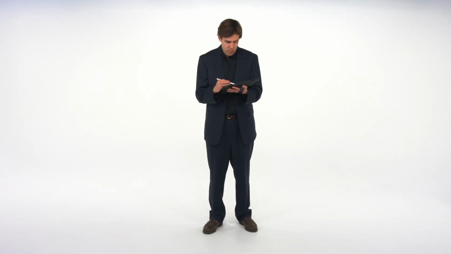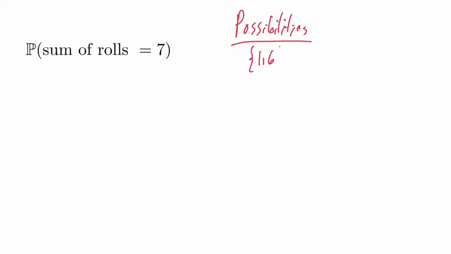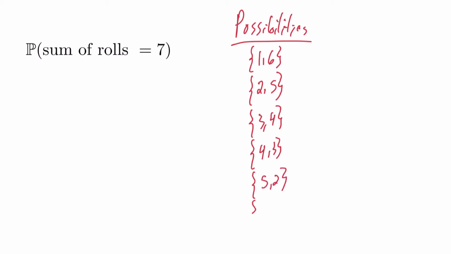Well, I could get 1 on the first roll and 6 on the second. Could also get 2 on the first, 5 on the second, 3, 4, 4, 3, 5, 2, and 6, 1. These are the only ways it can happen.